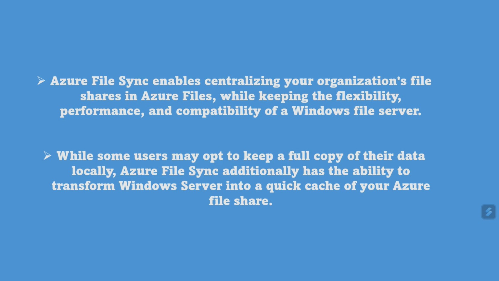So in this way, it provides a facility of syncing your Azure file share cloud storage with the data of your on-premise server. Some users may opt to keep a full copy of their data locally, but it has an additional functionality. It provides you a sort of tiering concept where you can tier the data which is seldom accessed.